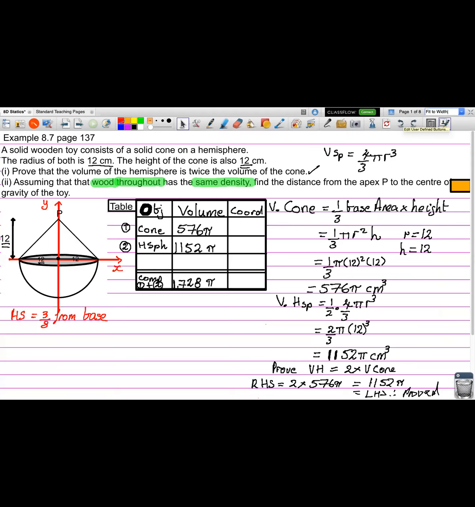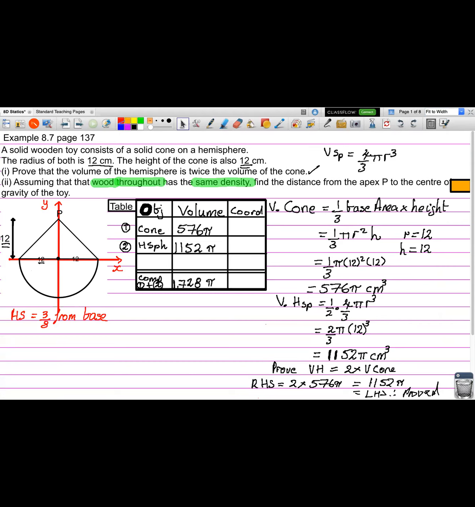So what do I know? I know that the hemisphere has got a height of 12. So what we have now is the distance from the origin.